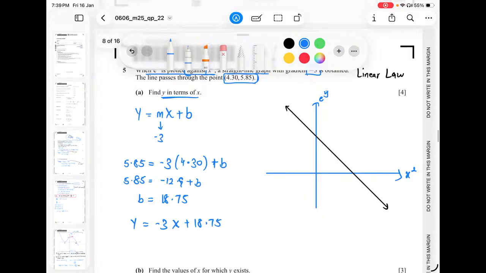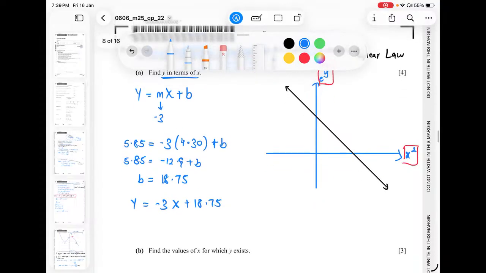You need to substitute these two. So this is your y-axis and this is your x-axis, not the capital Y or the capital X. So basically you need to substitute these two, e to the power y and x squared, for the capital Y and capital X. So e to the power y is going to be negative 3x squared plus 18.75.